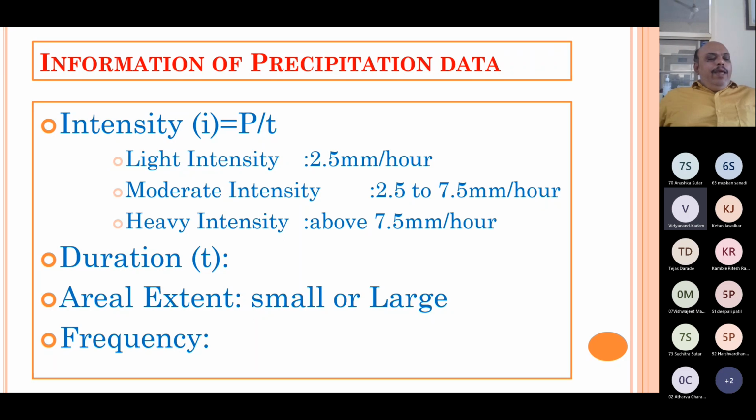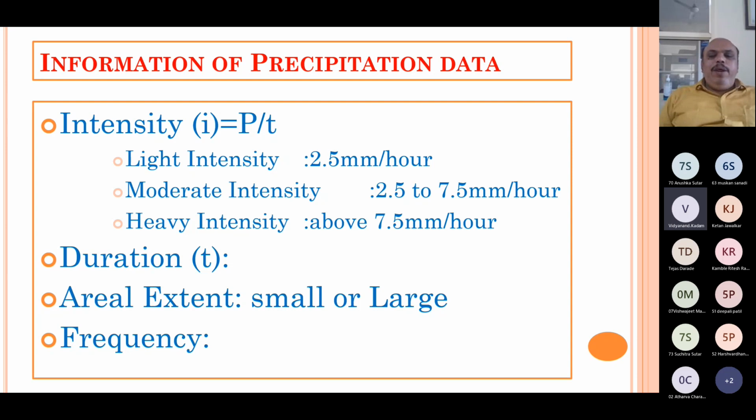Aerial extent is also noted or recorded. Aerial extent is the area covered by the rainfall session. This area covered may be small or large. Then frequency of rainfall is a very important data.